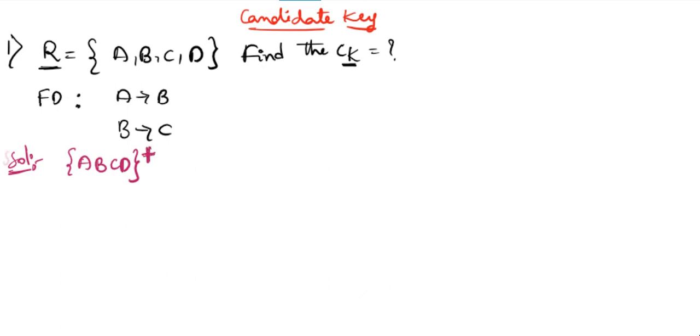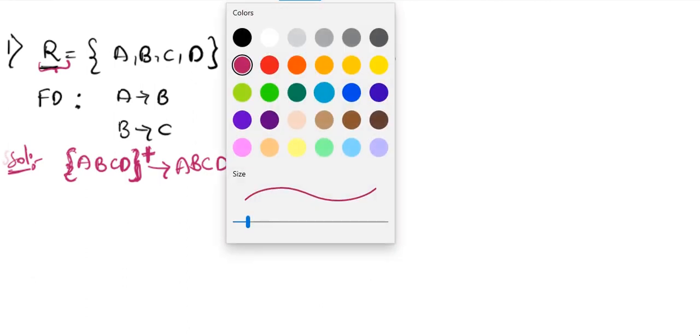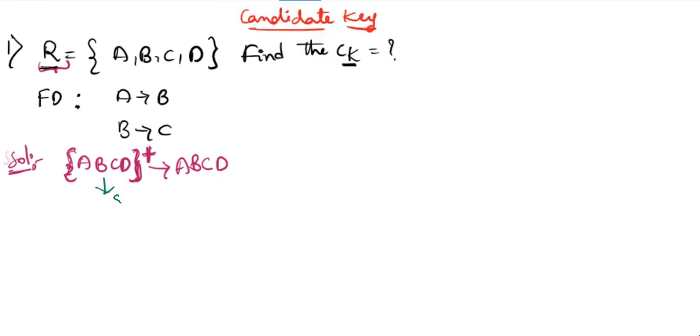A closure is nothing but a set, and the set determines all the attributes in the relation. A determines A, B determines B itself, C determines itself, D determines itself. So this closure gives the complete table, that is, it determines the relation R. That's why this is called a super key.